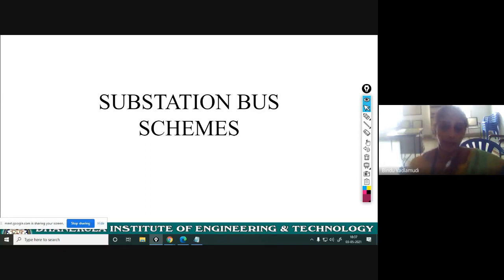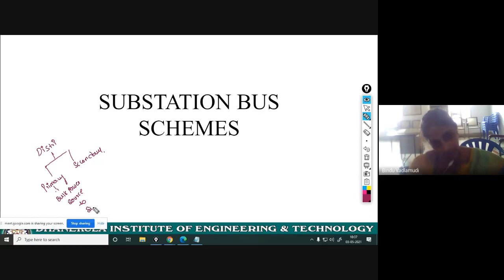Here, if you observe, the distribution system is divided into two categories. The first one is primary, and the second one is secondary distribution system. Primary distribution system is from the bulk power source to the substation, whereas secondary is from the substation to the distribution transformers.